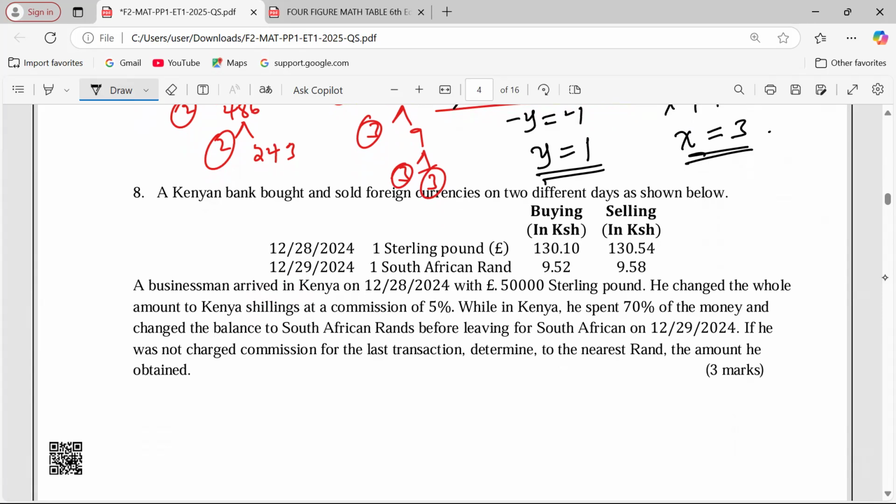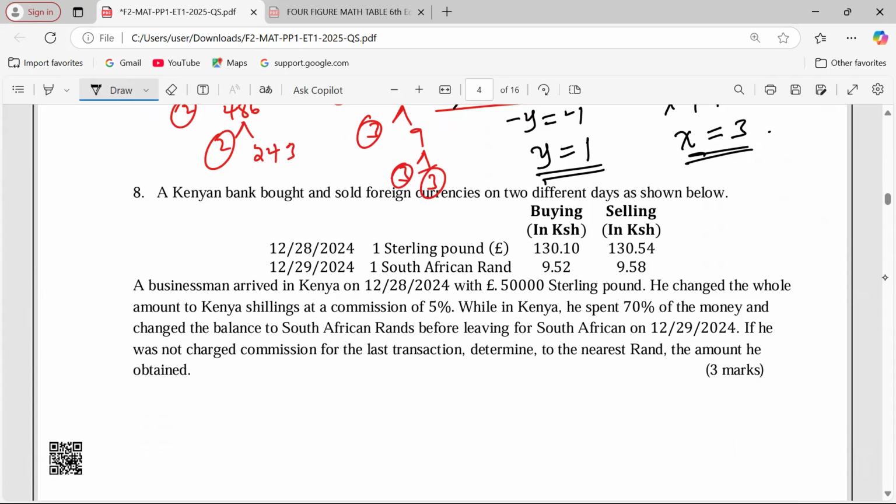Then he changed the whole amount to Kenya shillings at a commission of 5%. While in Kenya, he spent 70% of the money and changed the balance to South African rands before leaving to South Africa on 29th of December 2024. If he was not charged commission for the last transaction, determine to the nearest South African rand the amount he obtained at the bank for him to go to South Africa.